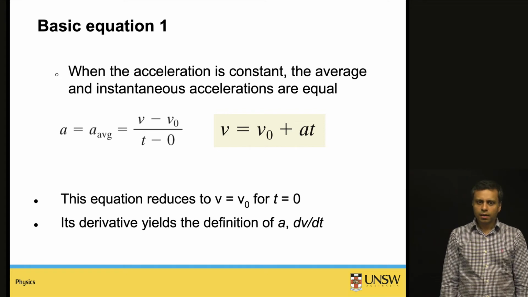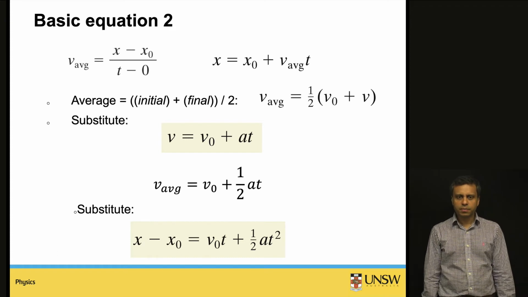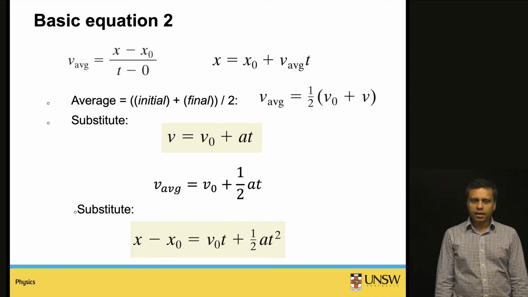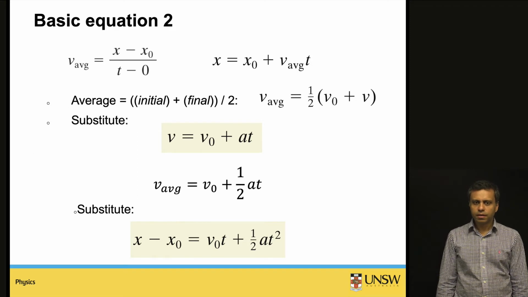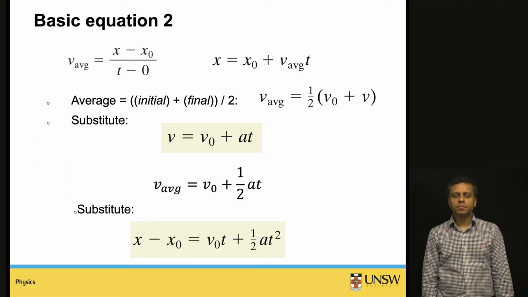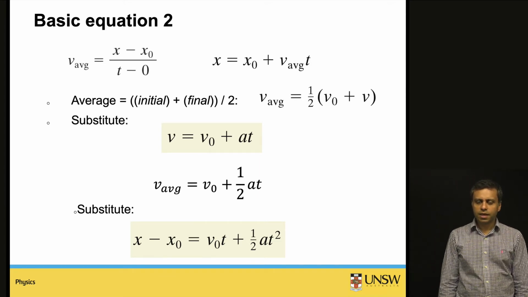Now let us go to the other equation, the equation that describes the position of the particle as a function of time. Now we work with the definition of average velocity. Suppose the particle had some initial position x naught at time t equal to 0, and the particle traveled for a time t and went to a position x.